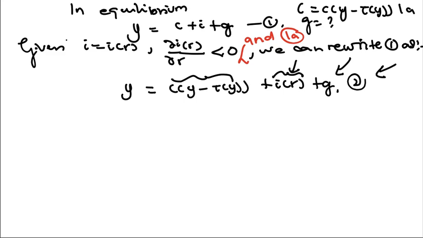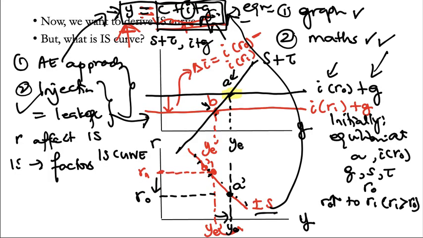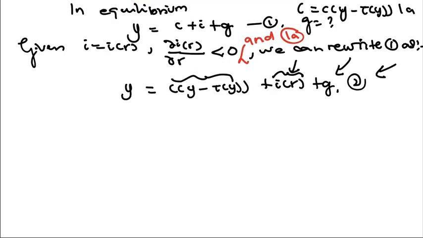What kind of relationship? In the form of graph, we have seen that here IS relates income and interest rate in a negative way. How do we prove it mathematically? Okay, let's move back to equation 2. What we need to do with equation 2 is to take the total differentiation of 2.